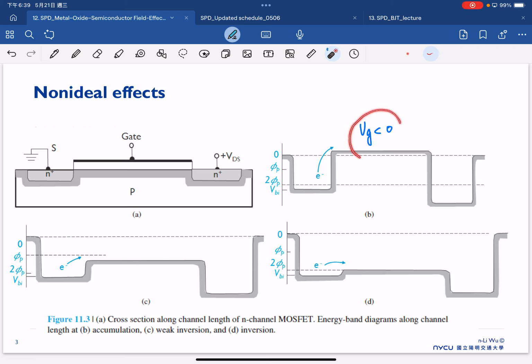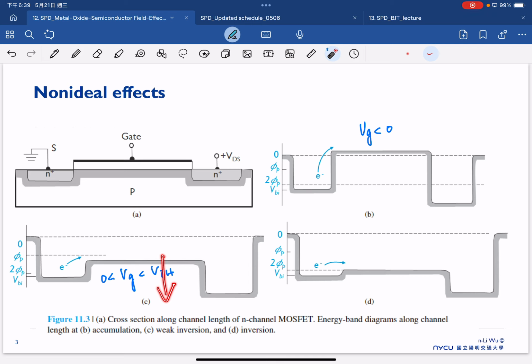But once we start to increase our gate bias, while it is still below our threshold voltage, as I already mentioned, applying a positive bias in the band diagram means we are pulling down our band.